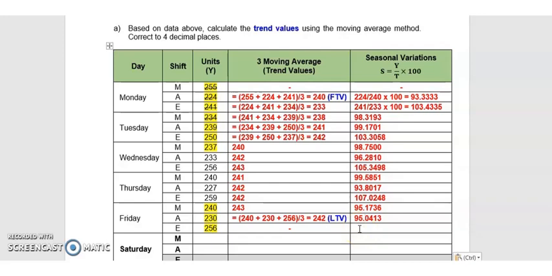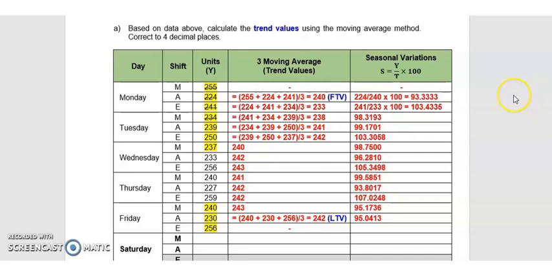How to calculate the seasonal index? We need these seasonal variation values in order to calculate it. Why do we need to calculate the seasonal index? Because we want to do the forecast, or the prediction.